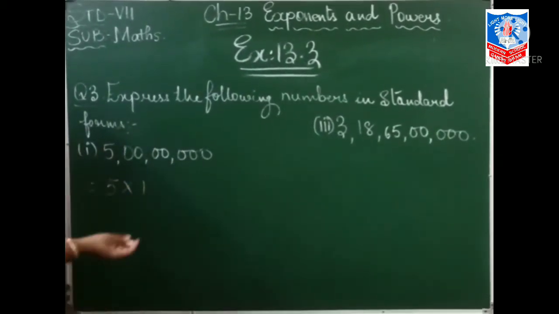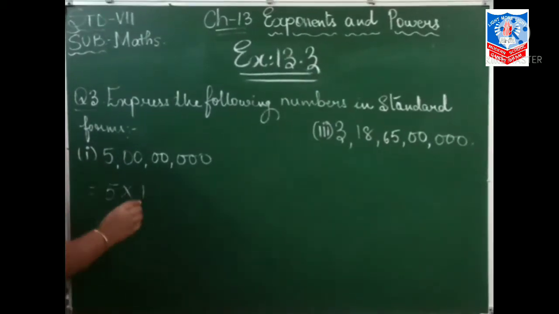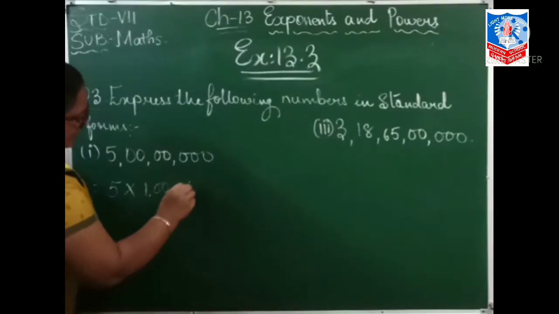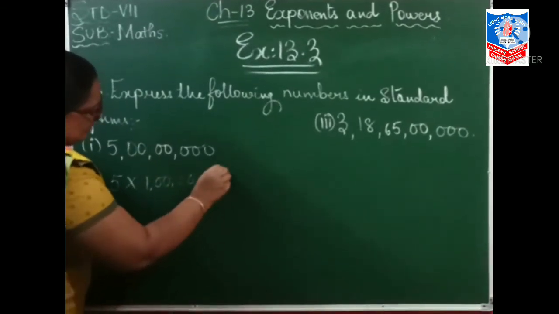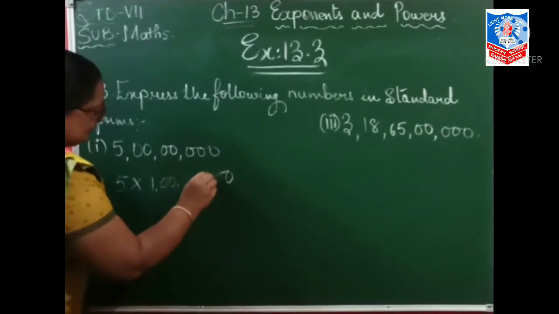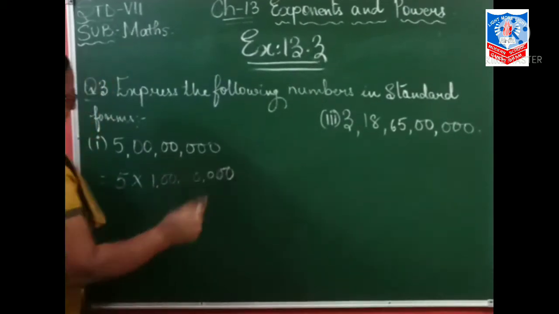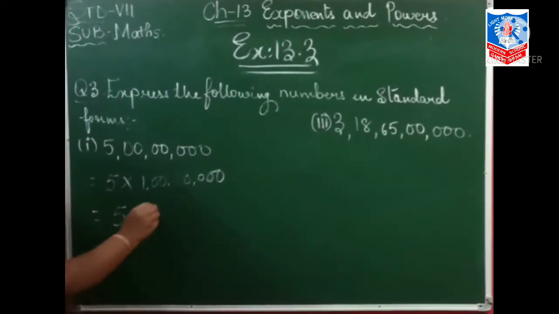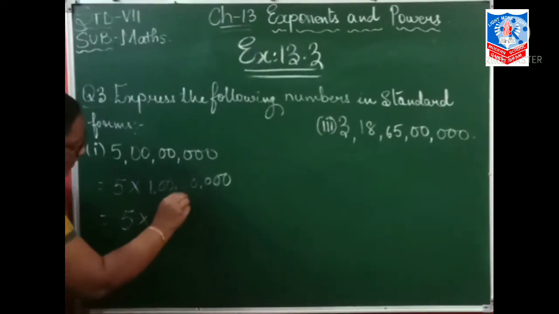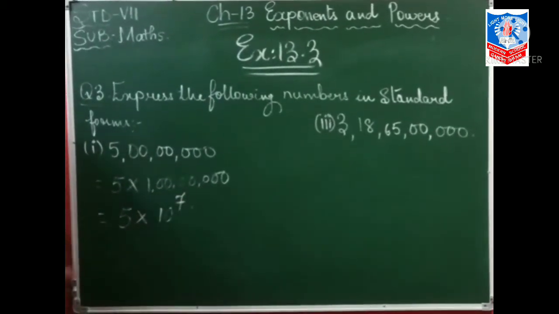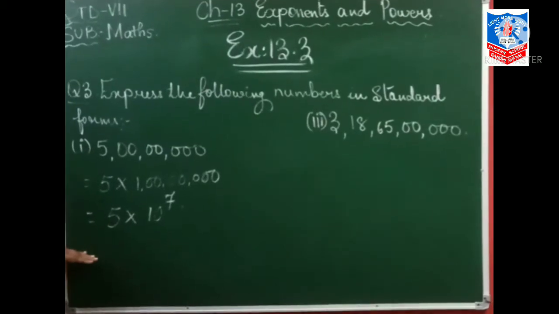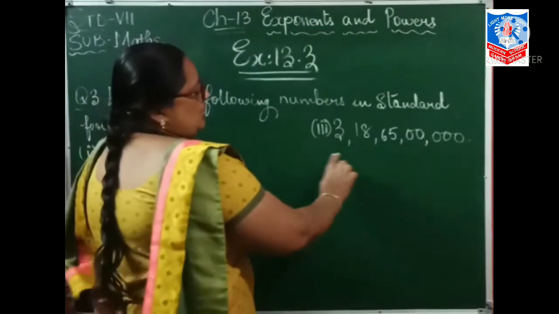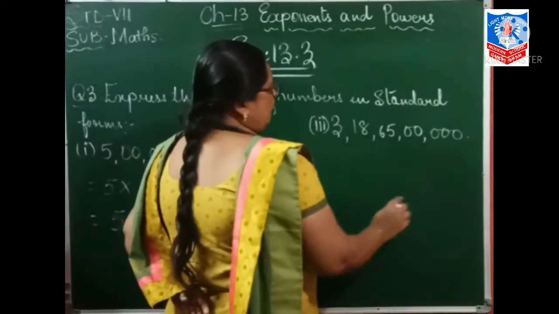That means you have to multiply 10 7 times, is equal to 5 into 10 raised to the power 7. This is the standard form of this number. Understood?